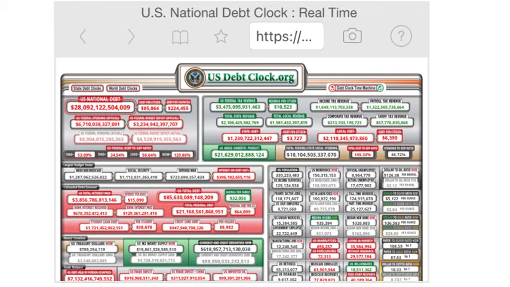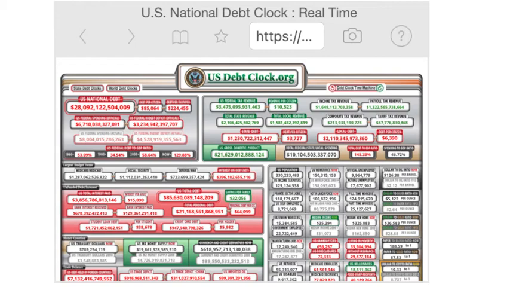Now, I took this shot of this website, usdebtclock.org, this morning. It's pretty accurate. However, it does not show us what is called unfunded obligations, or I may have that incorrect. But just so you understand, there's what is called unfunded obligations of the United States government, which is usually retirement for people that retire from the government, right? Like teachers, for example.